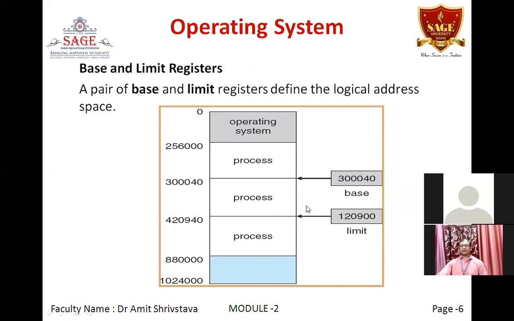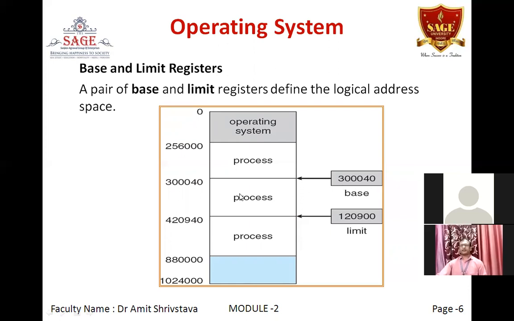Now, how do this base and limit registers help? It helps in protection of other user space, because whenever the process generates any address for execution, it will be checked whether that particular address, which is generated by the CPU or by this process, is higher than this base address.